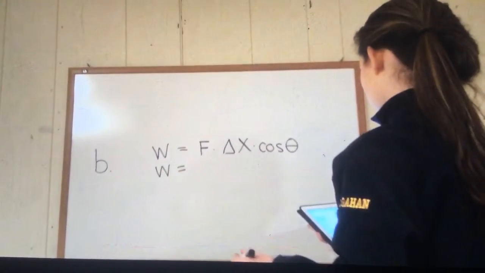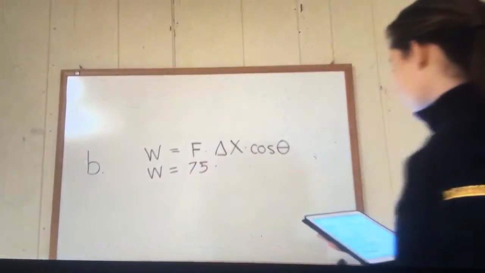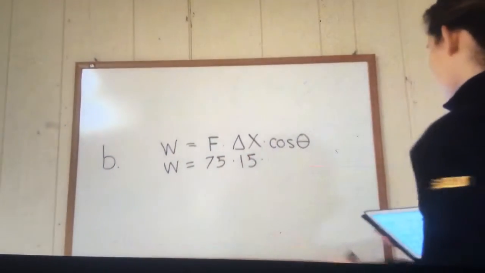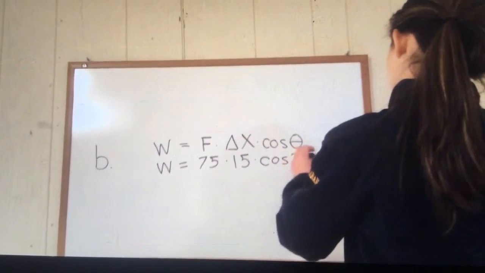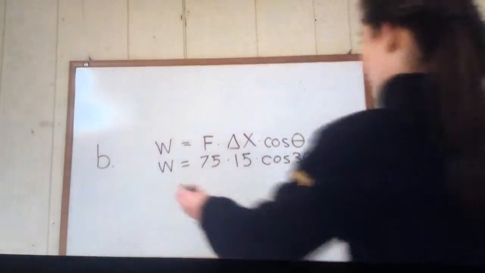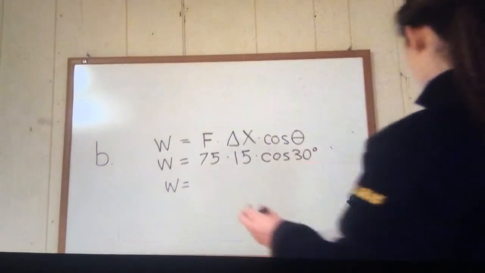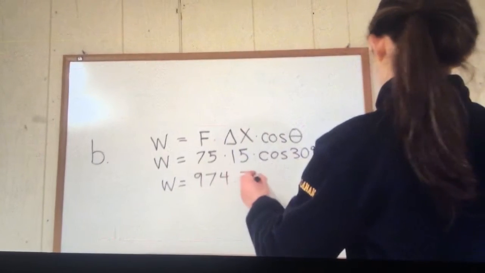For force, we will plug in 75 newtons. For displacement, we will plug in 15 meters. And for theta, we will plug in 30 degrees. And simply by multiplying, we calculate that the work done by force F is 974.3 joules.